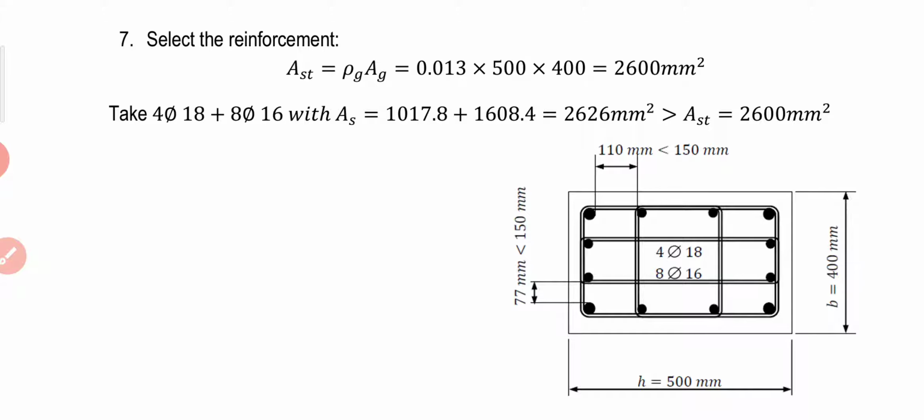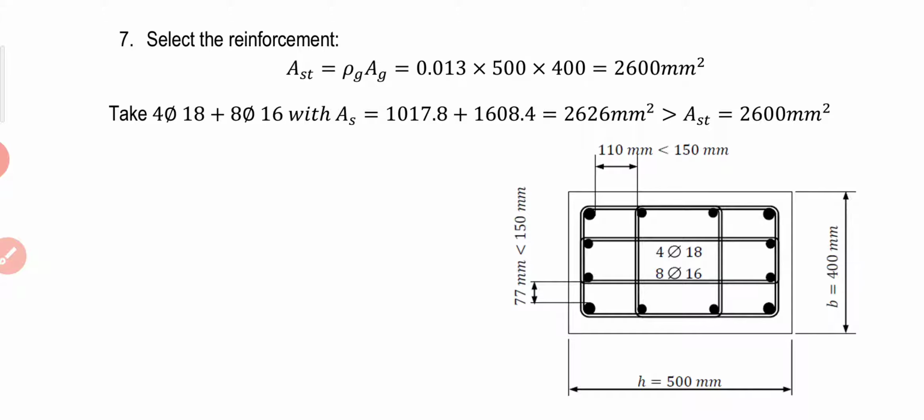So we take 4 bars of 18 mm diameter and 8 bars of 16 mm diameter. So we can get the calculation 4 into pi by 4 into 18 square plus 8 into pi by 4 into 16 square.